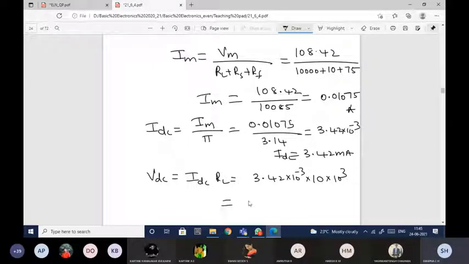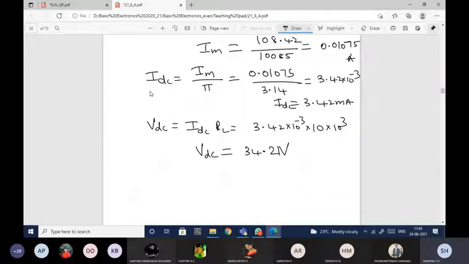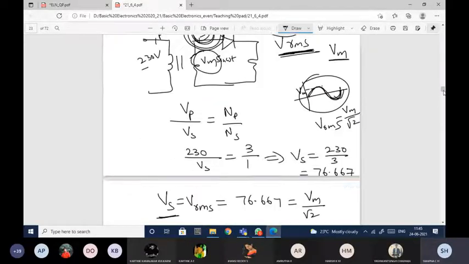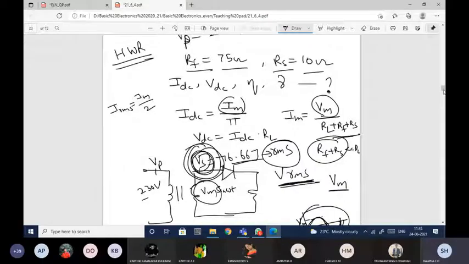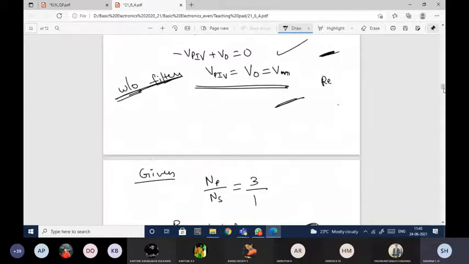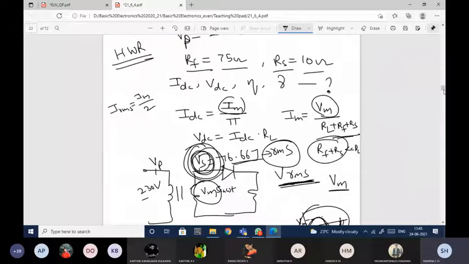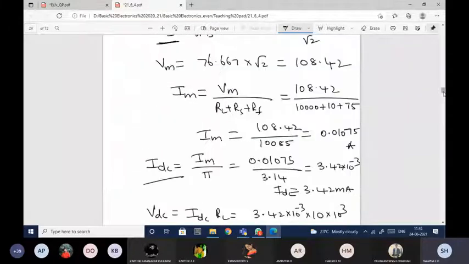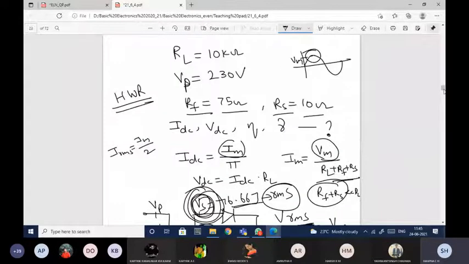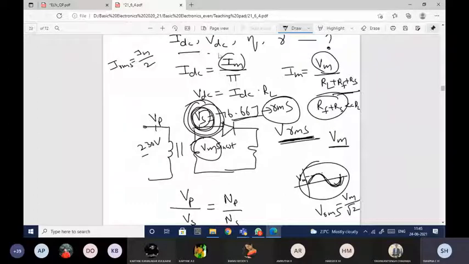So this will be equal to 34.21 volts. This is your VDC. Now I got IDC and VDC from whatever he is asking.